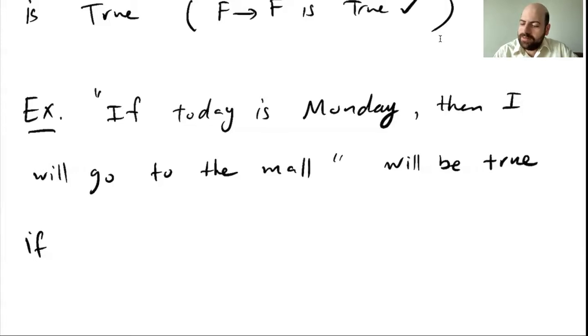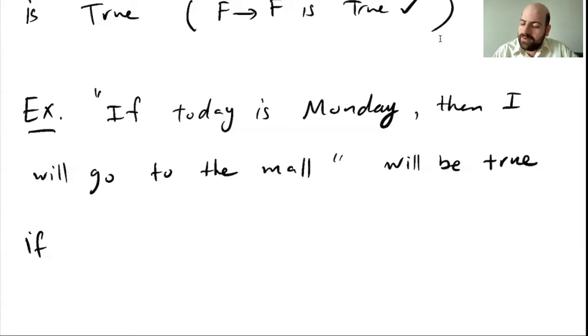So consider P implies Q. Okay, so then the converse of P implies Q is defined as Q implies P. The inverse, so this is the first definition.